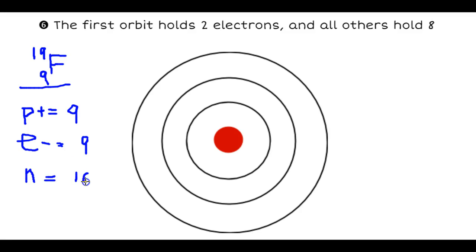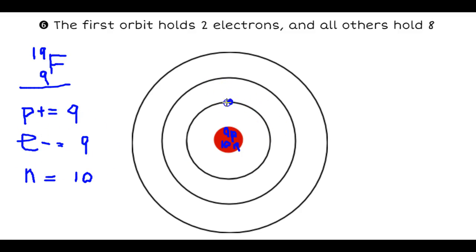So again, now I'm ready to go. I've got 9 protons, 9 electrons, and 10 neutrons. My protons are going in the nucleus, along with my 10 neutrons. And now I've got 9 electrons to place in my energy levels.